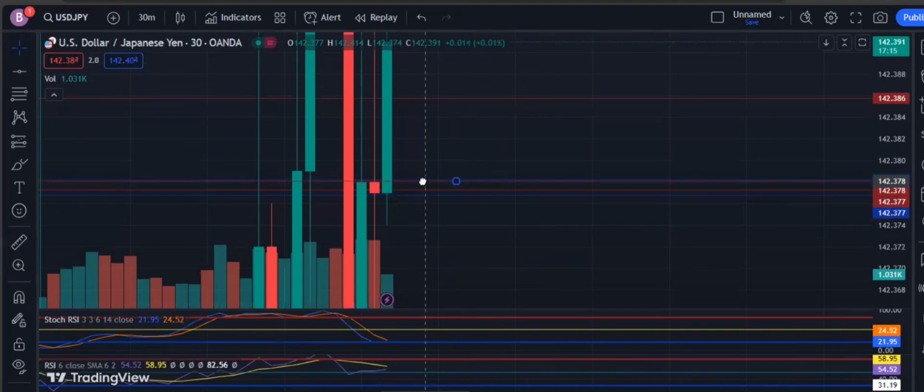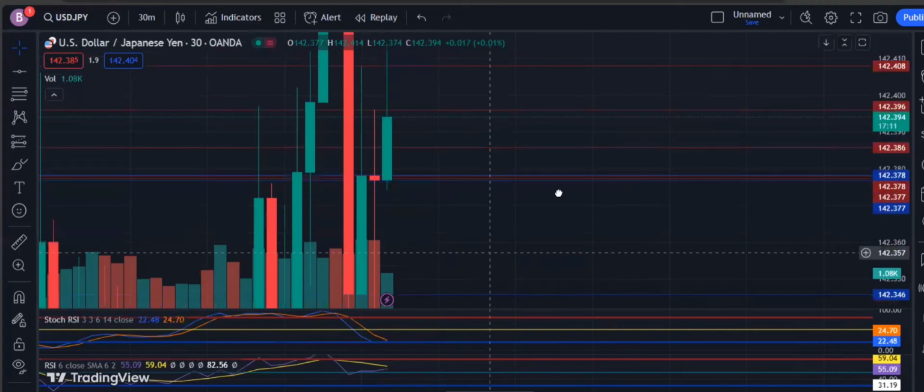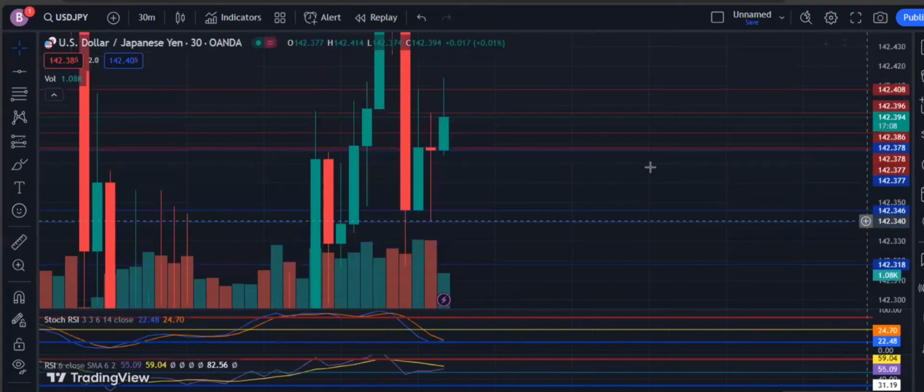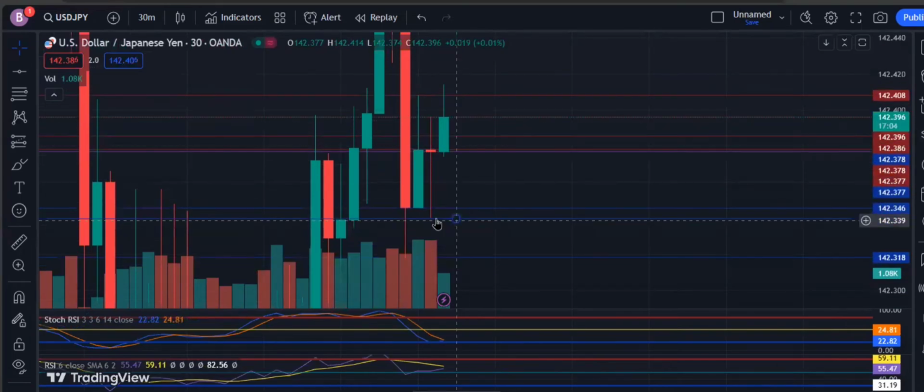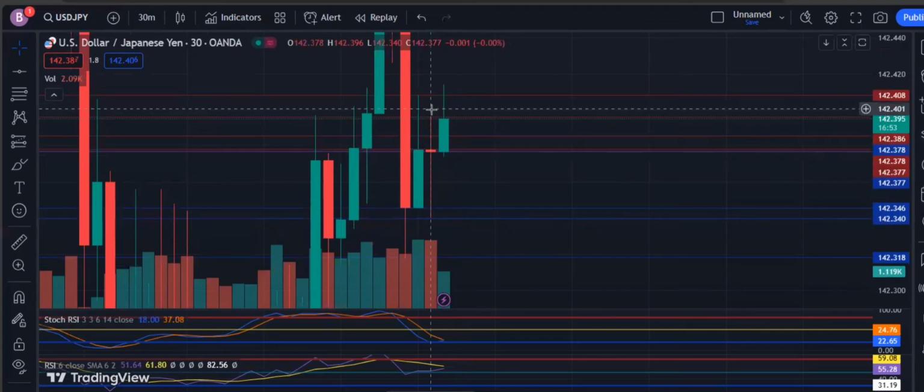This is how I set the zone. So this is for the 30 minutes candle. Remember, what we are identifying is the previous candle, the wick and the body, below and above. It's very important you understand this.